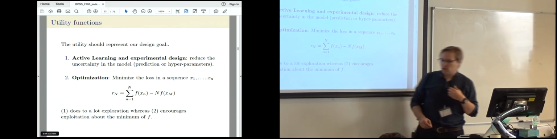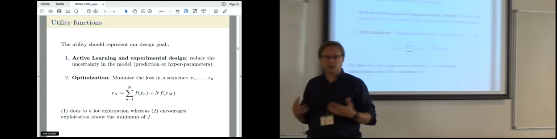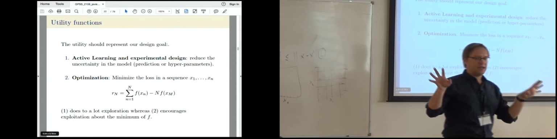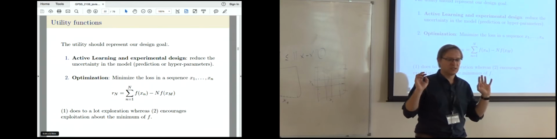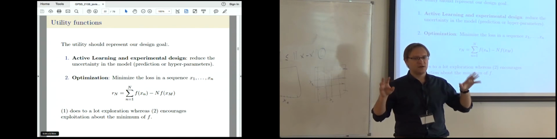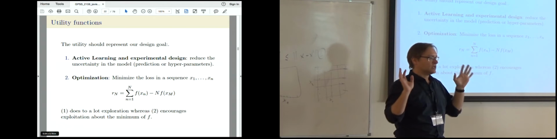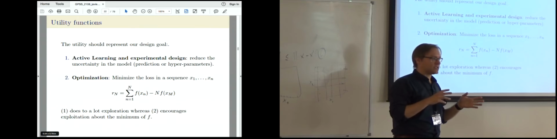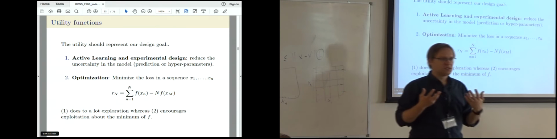Okay, so in this case, we are interested in optimizing the function, right? But what you need to have in mind here is that Bayesian optimization, optimizing the function, is just a particular case of the many more things that you can do thinking this way. You can think about the optimum of the function as a latent property of the function, or a latent property of the model you are using to analyze it, right?